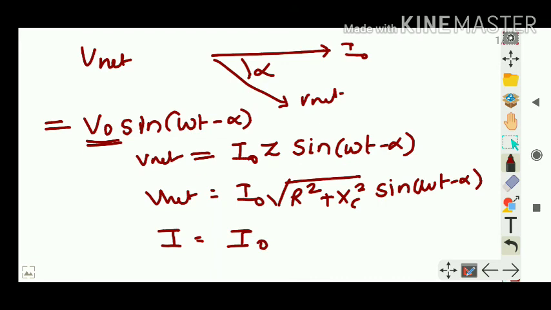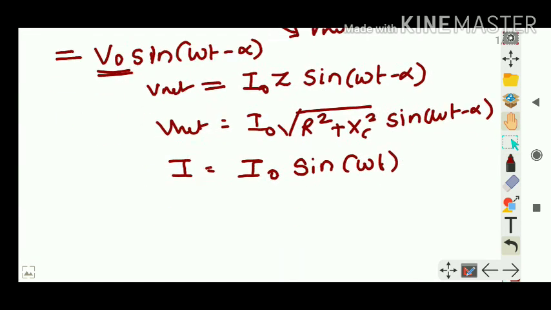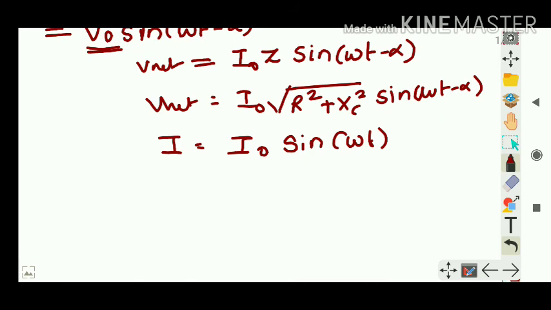Current was I naught sine omega t. Right, so I can say in the case of an RC circuit, voltage lags behind current by an angle alpha, and alpha is equal to tan inverse XC by R. Simple? Clear?